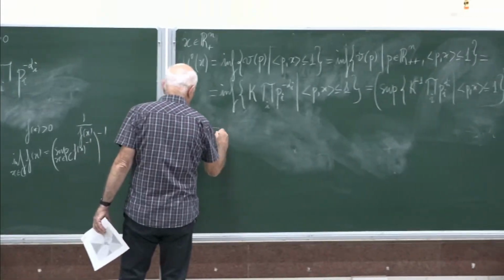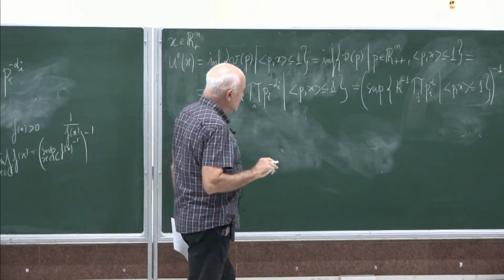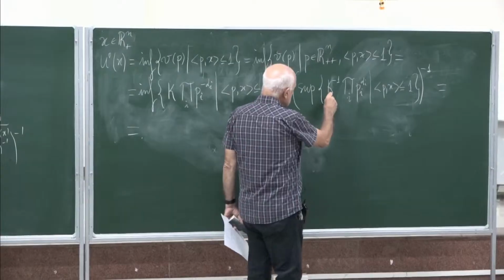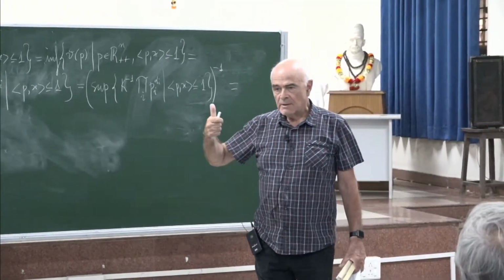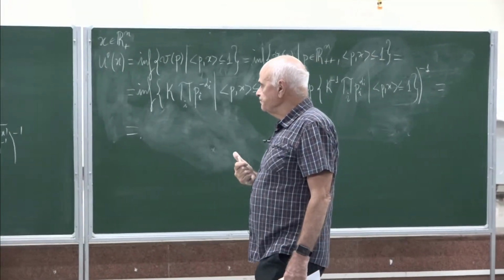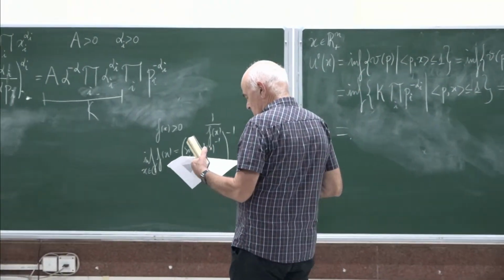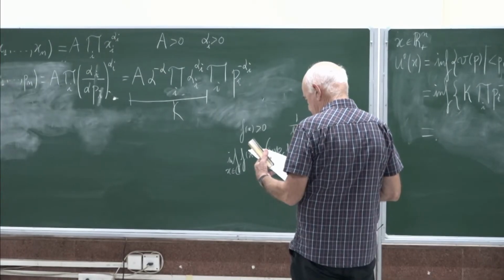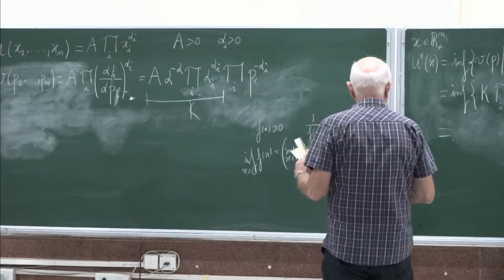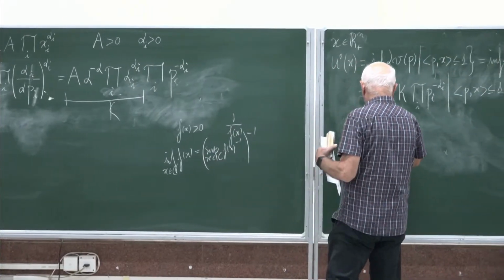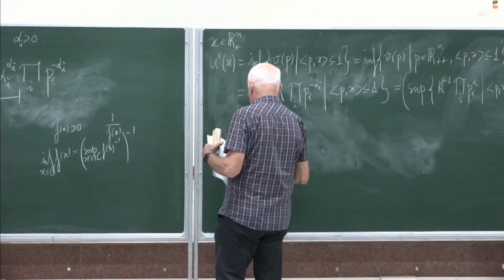So now, let's be careful. K to the minus 1 plays the role of A in the direct computation. Okay? So first of all, I have to distinguish two cases.